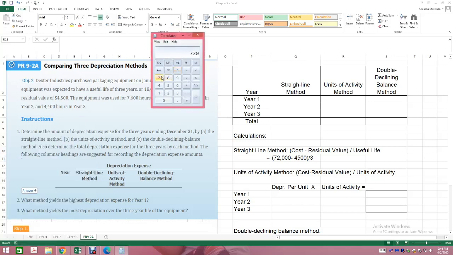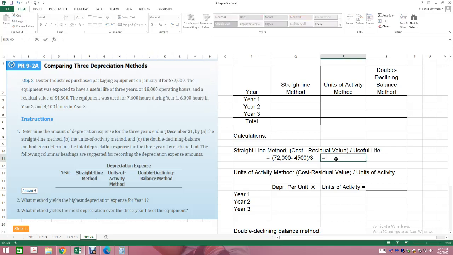It's 72,000 minus 4,500 divided by 3 years. So that would give me an annual depreciation of 22,500 per year. Okay.